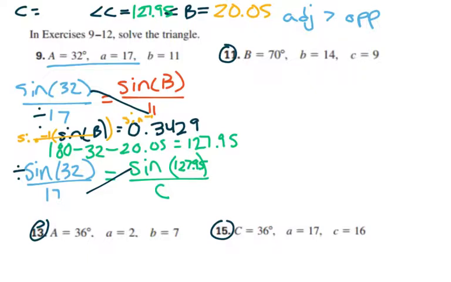But alright, so the side length of C is going to be 25.29, which is 0.30 off because of the rounding.